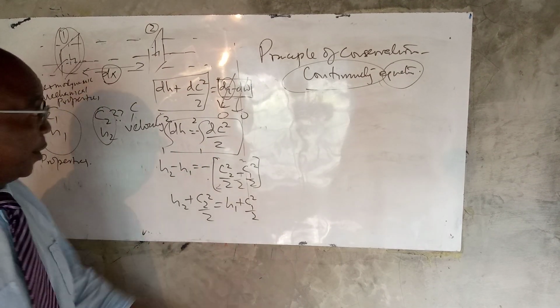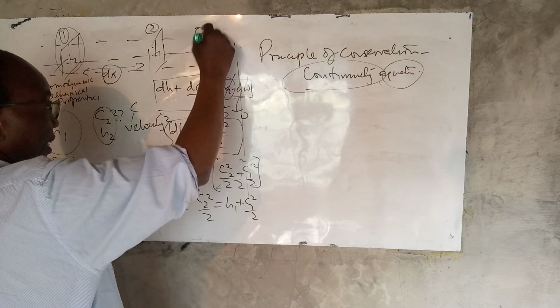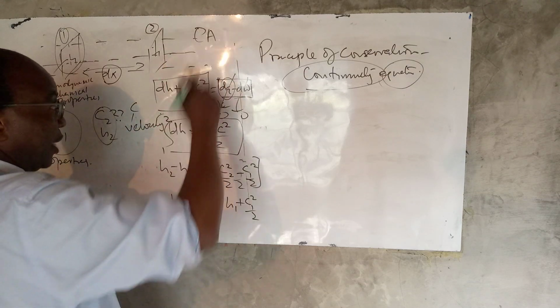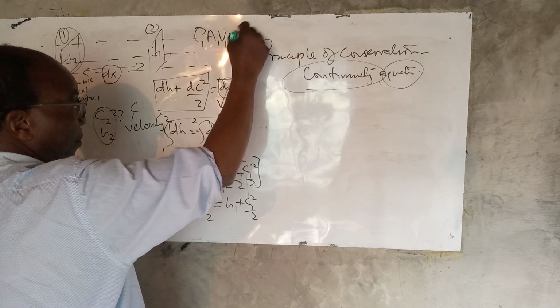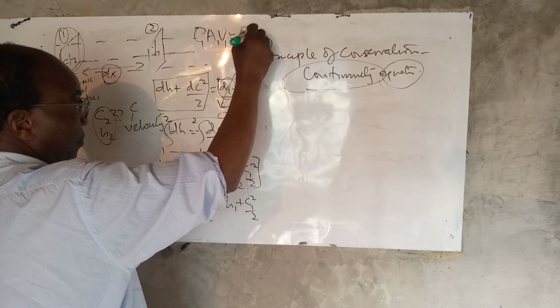How will you do that? Remember, we have said density times cross-sectional area times velocity is constant. The continuity equation.